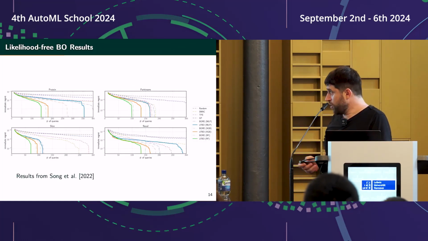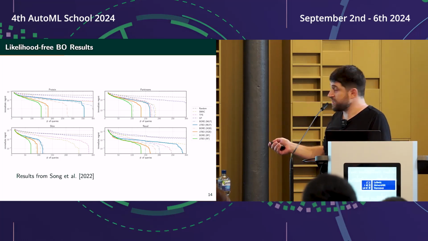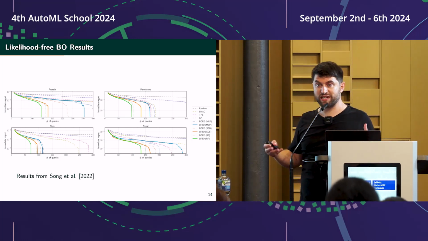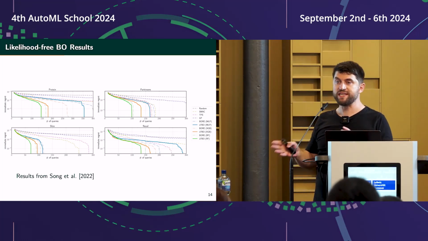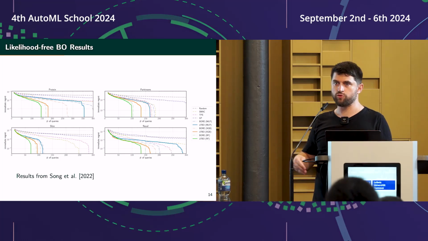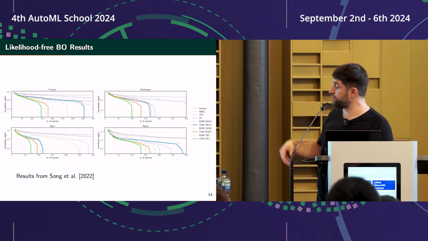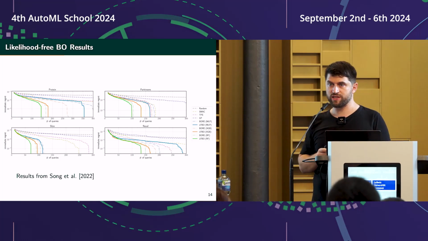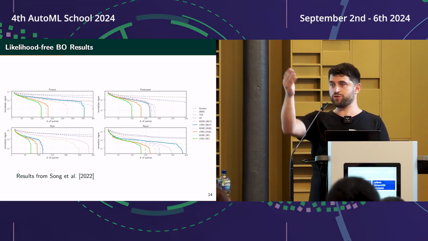And the authors present that the performance of this likelihood-free, non-probabilistic classifier for doing HPO is as good as Bayesian optimization with expected improvement or probability of improvement, using probabilistic performance predictors such as Gaussian processes.